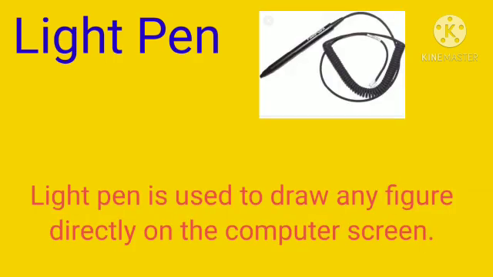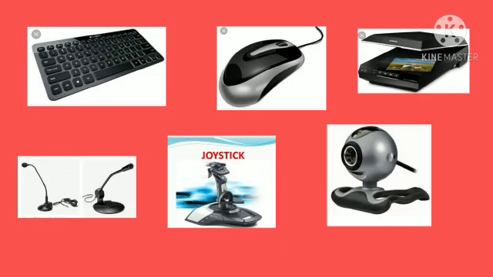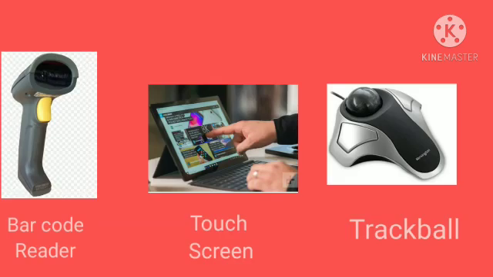A light pen is an input device which is similar to a mouse. A light pen is used to draw any figure directly on the computer screen. These are the most commonly used input devices. Here are some more examples of input devices such as barcode reader, touchscreen, trackball, etc.